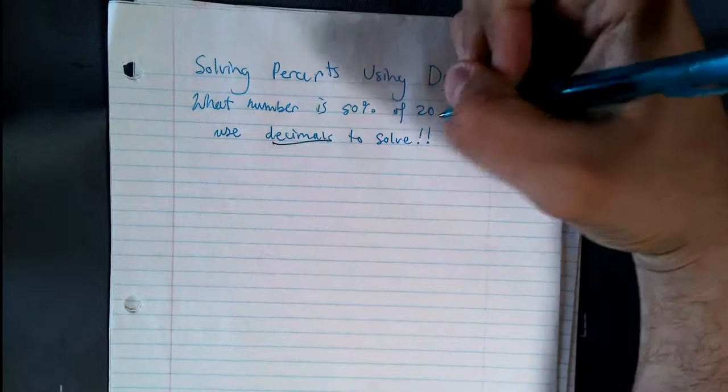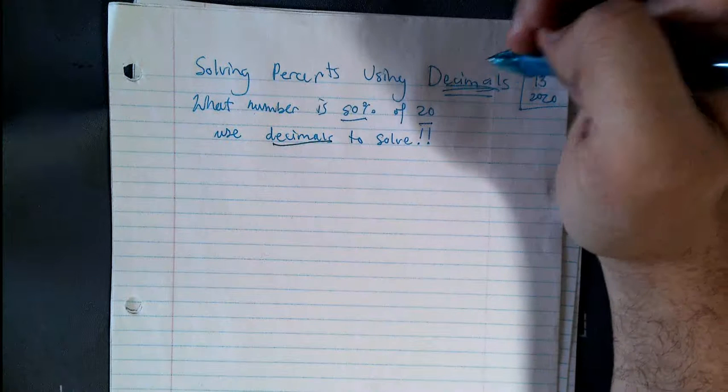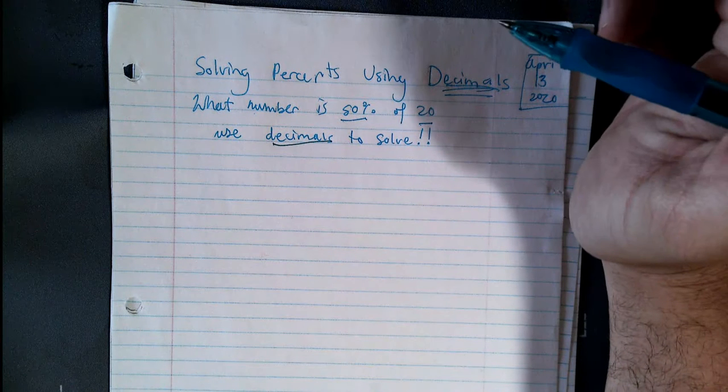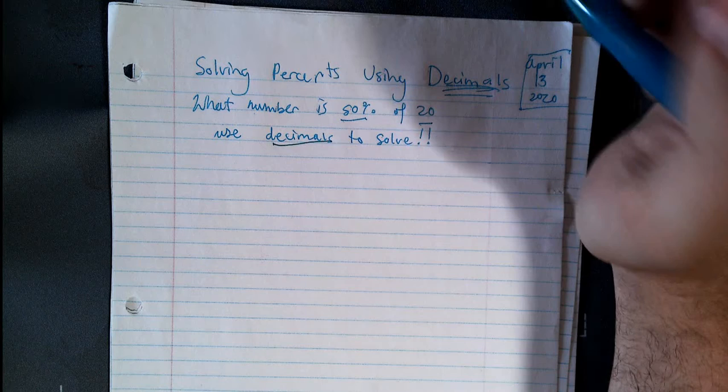Since we're looking for 50% of 20, let's turn 50% into a decimal. Remember how we used to do that? There were a couple of different ways.